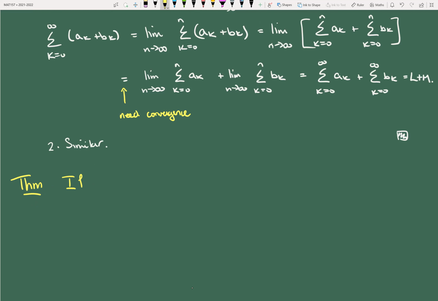So if the sum from k equals 0 to infinity of ak converges, then this is true. Okay. So if the series converges, then the sequence must go to 0.